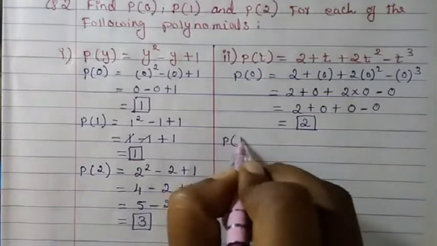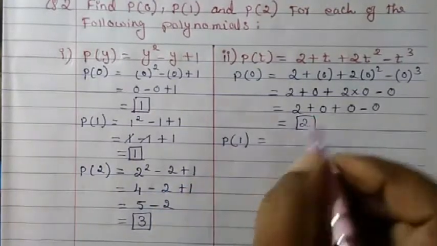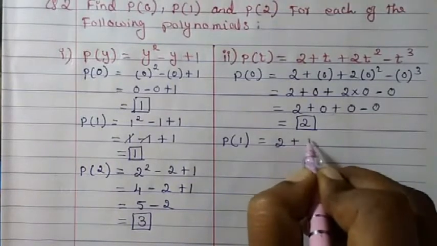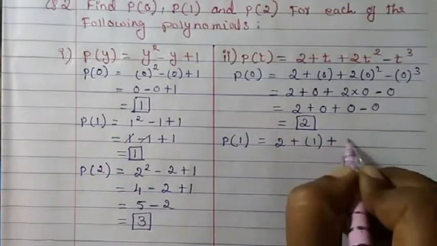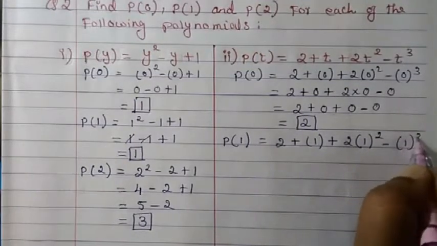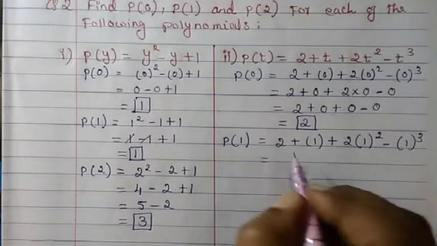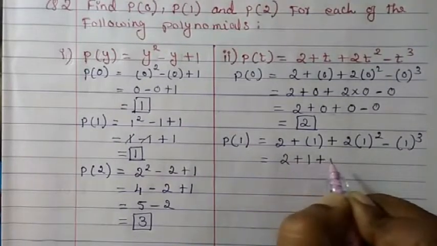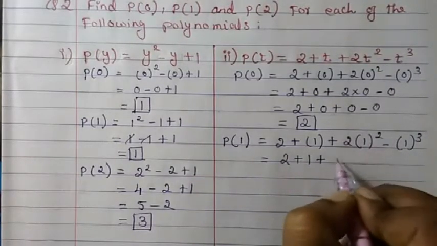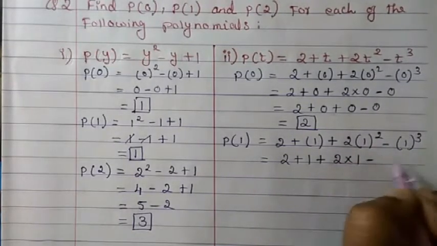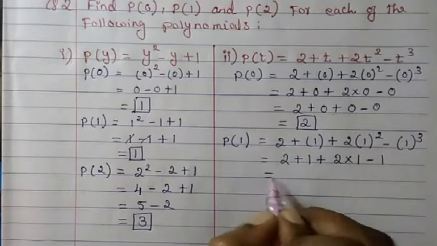Now let's find out for P of 1. In the place of t now we have to put 1. So 2 plus 1 plus 2, 1 square minus 1 cube. Now 2 plus 1, plus 1 square will be 1 only. 2 into 1 square will be 1, minus 1 cube also will be 1.